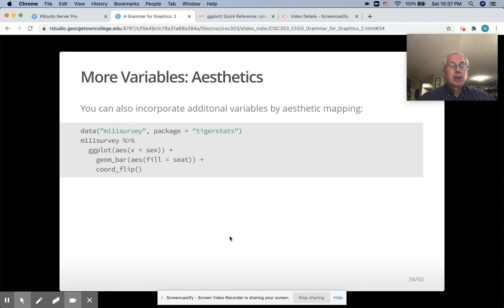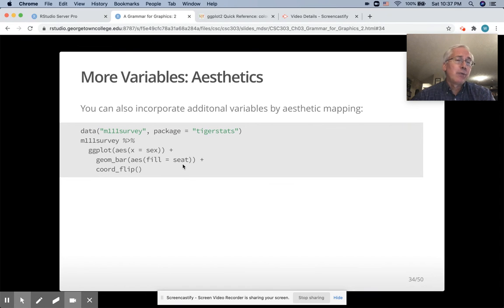Switching gears just a little bit here while we're still talking about categorical variables. Let's go back to a bar chart, and we're going to see something kind of cool that we can do with a bar chart. We're breaking things down by sex, males and females, and then within each bar, we're going to fill it by responses to the variable seat.